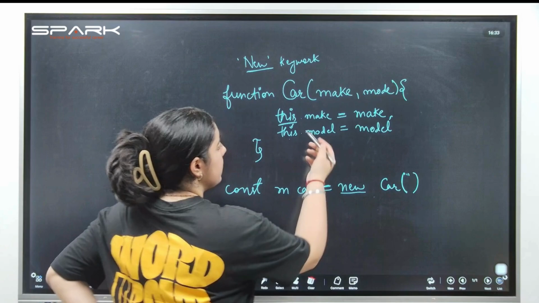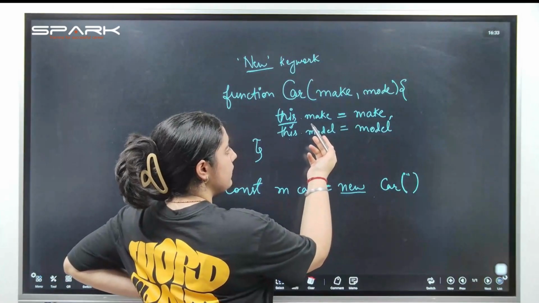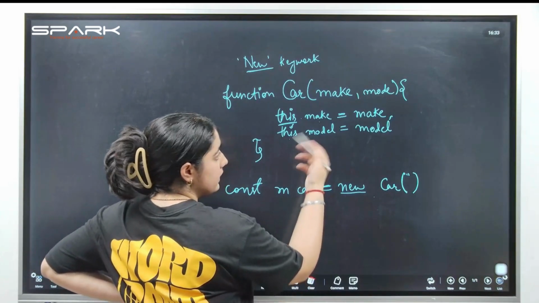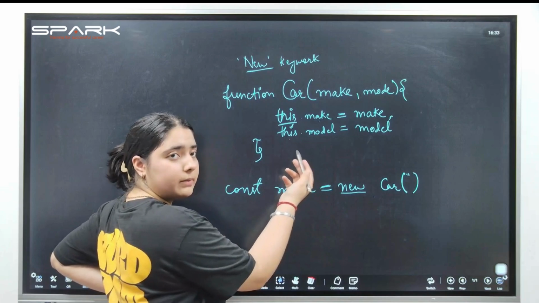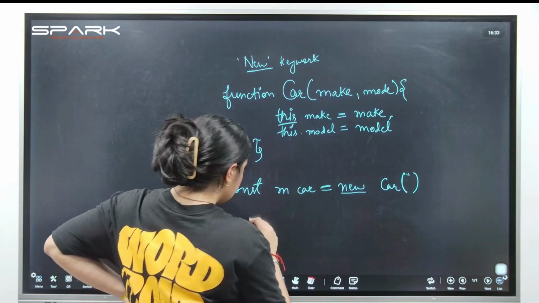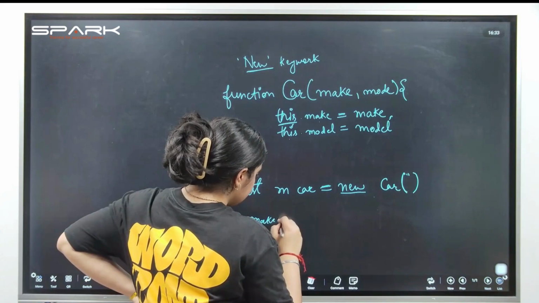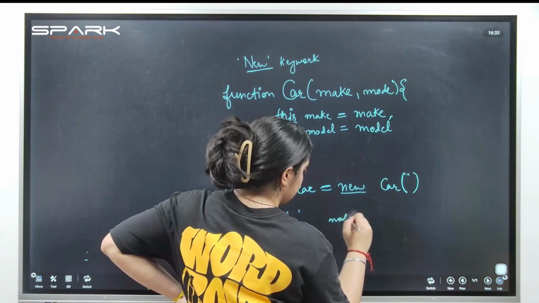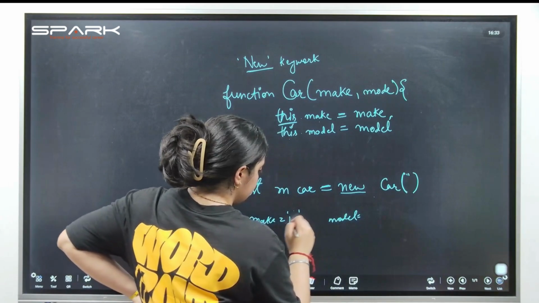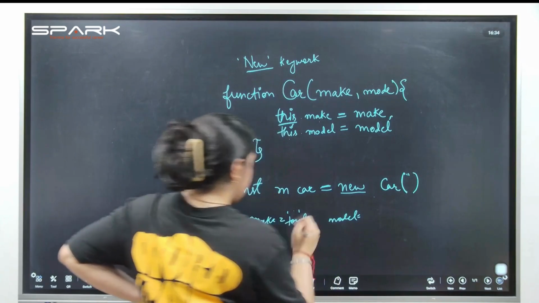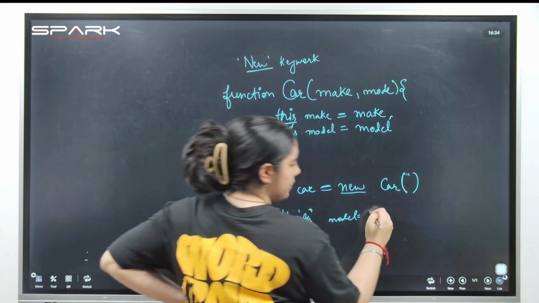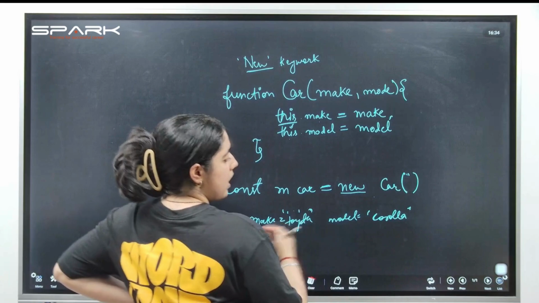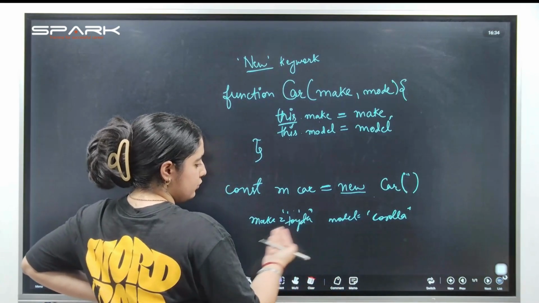Now we are using two parameters, make and model. What we will do is give these parameters some values. Suppose I am using Toyota as the car's make, and the model name is Corolla. So how are we going to assign the values to make and model?